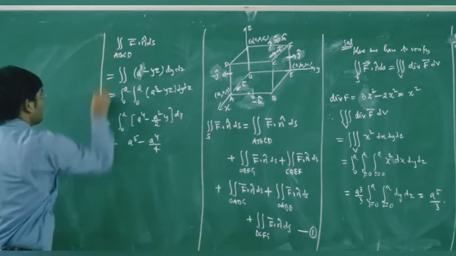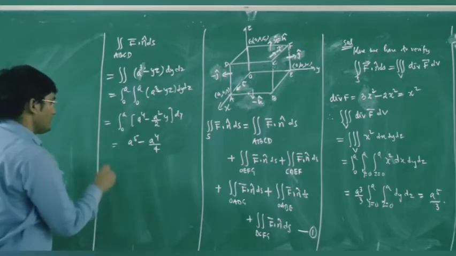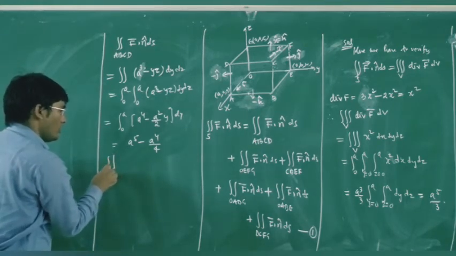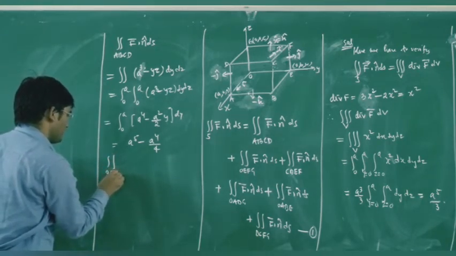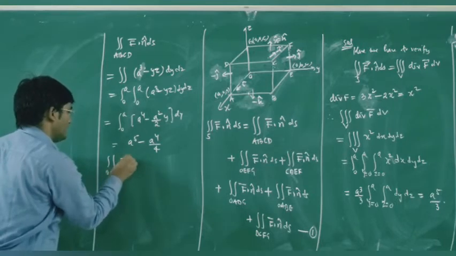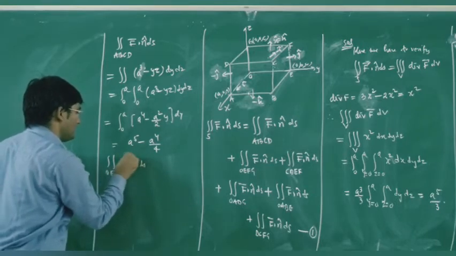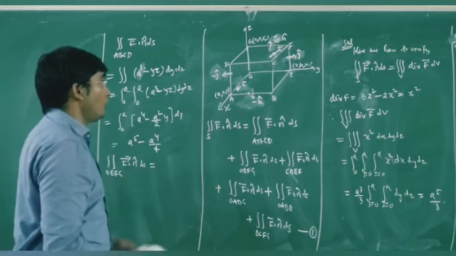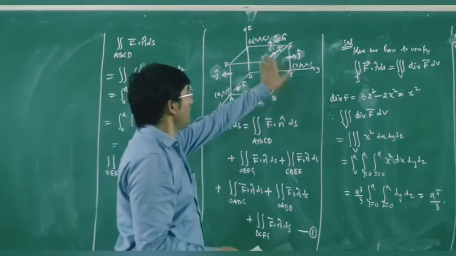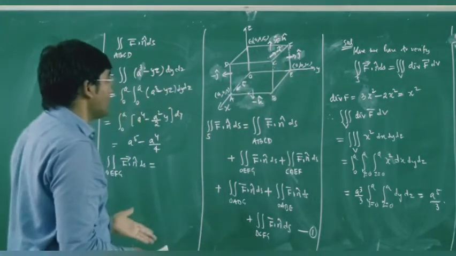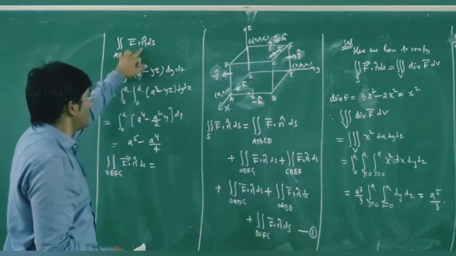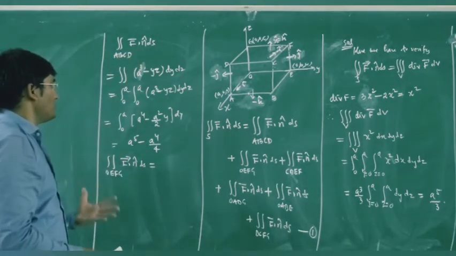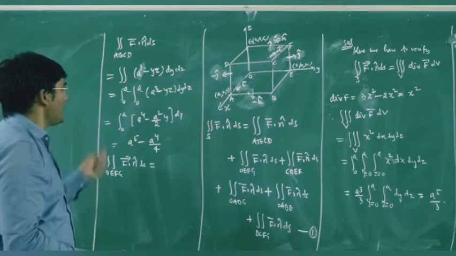Then this is your ABCD. Then your OEFG, f dot n ds. Now for this part, your outward normal n is minus i, and again your x will be from 0 to a.